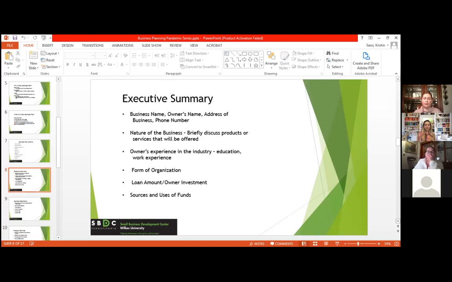So again, putting your business name in, the owner's name, you're going to see this come up again in the business description. But this is just to make sure everything's in place and this information is included in there. I've actually gotten business plans in the past where people have never put their names on it. So I have no idea whose plan it is or who's doing it. So including the owner's name, the address and phone number of the business is certainly important.